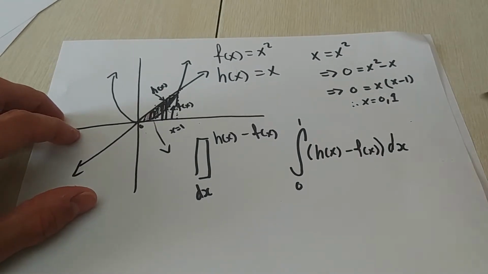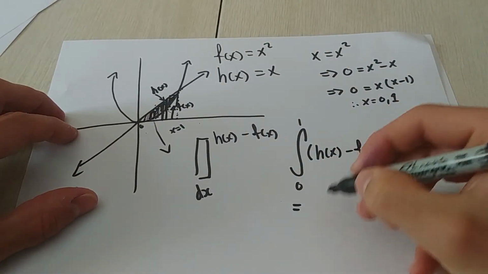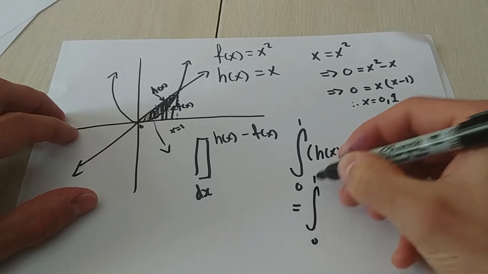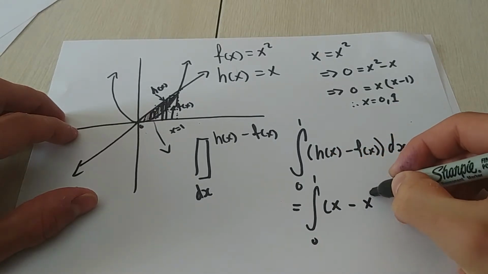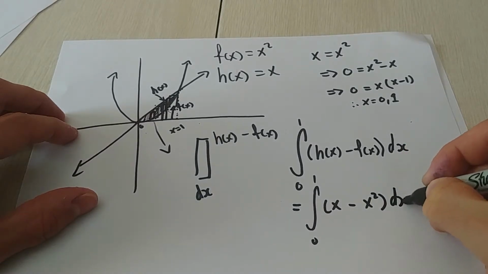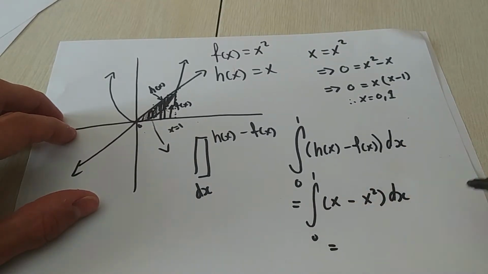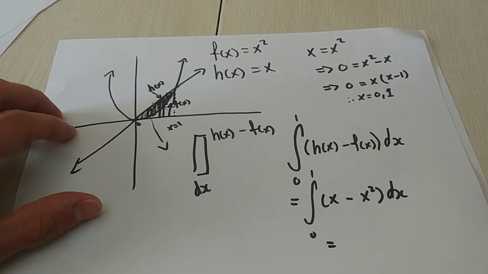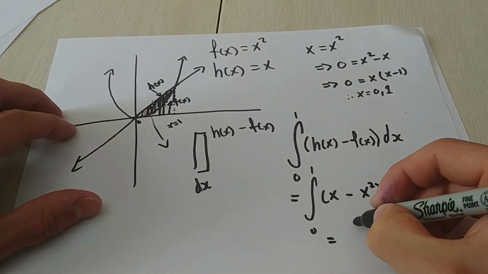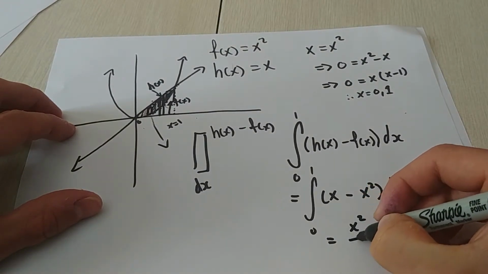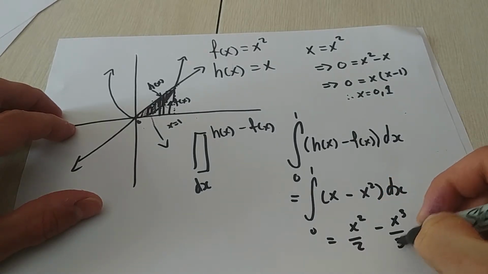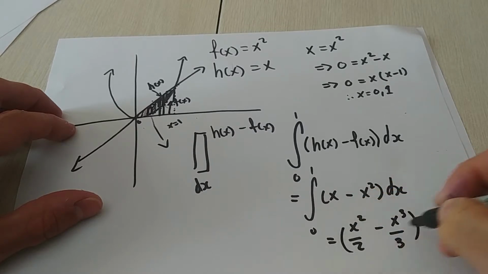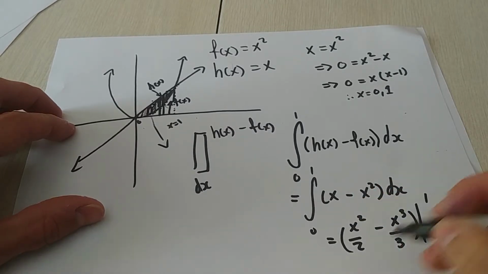All right. So we can rewrite this as h of x is x, minus x squared. And I think you should be able to solve this integral. This would be x squared over 2 minus x cubed over 3, all evaluated from 0 to 1.